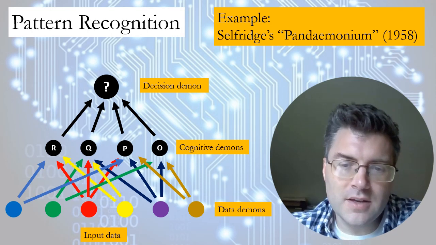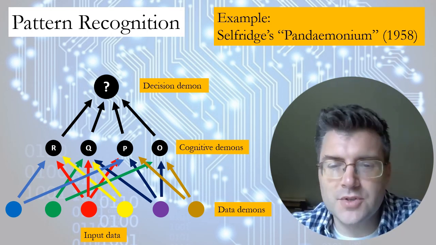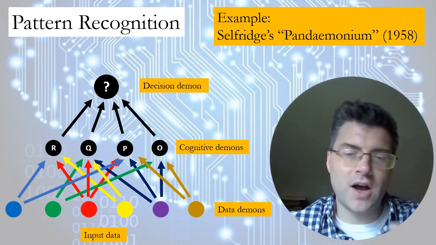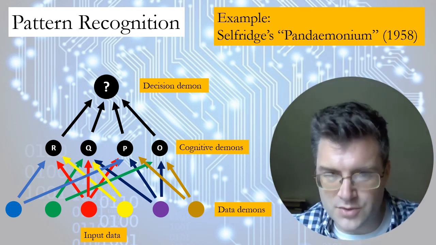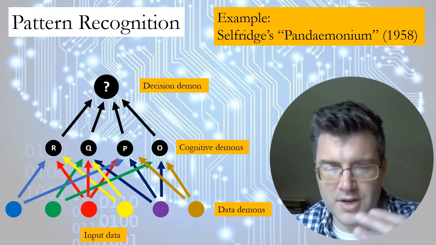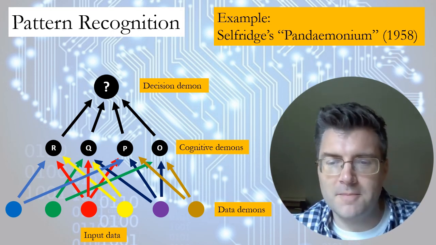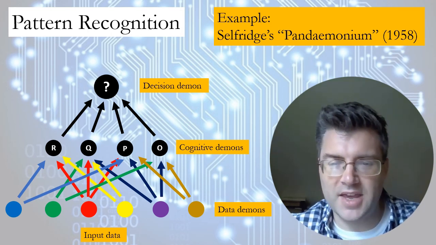And then the mid-level managers send their signals up to the decision demon, and then the decision demon is charged with somehow negotiating between these or somehow weighting the different responses that have been given, the different information that is coming in to him or her.